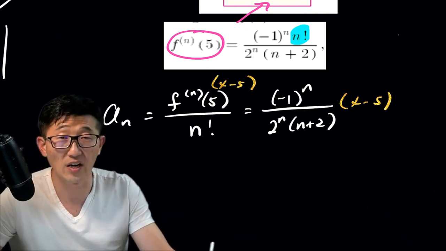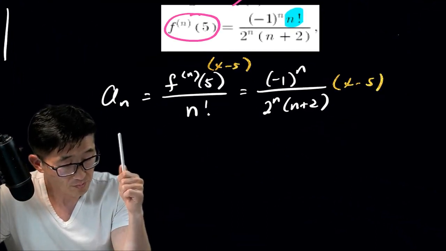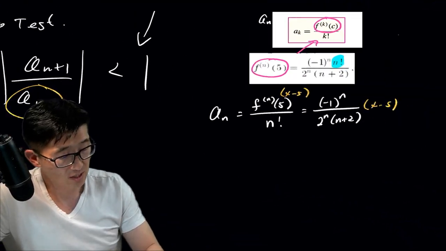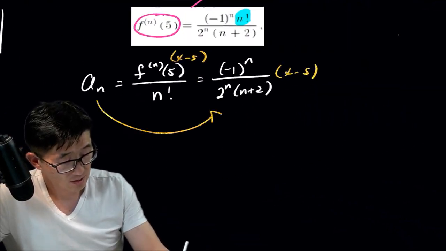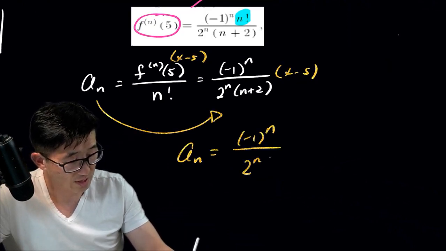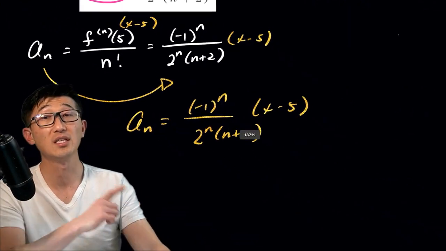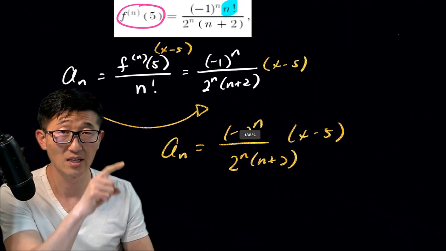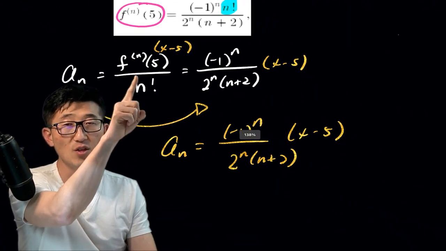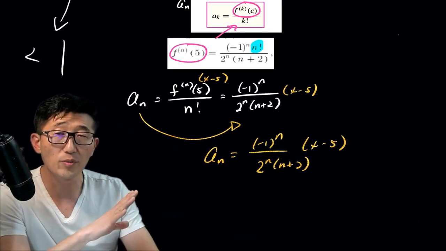So now our a_n to use for our ratio test is this: a_n equals (-1)^n over 2^(n+2) times (x minus 5)^n. And so this is our a_n now, not f^(n), the nth derivative at 5. So this would be the only trick.